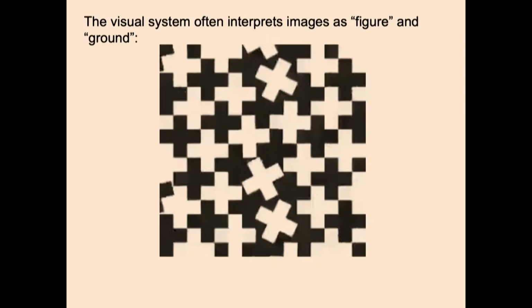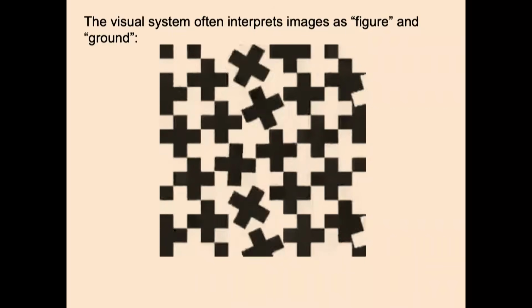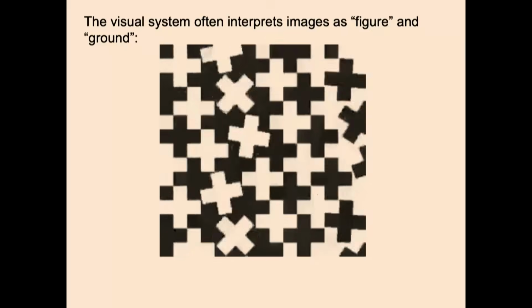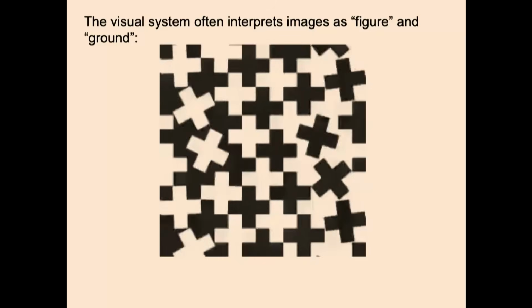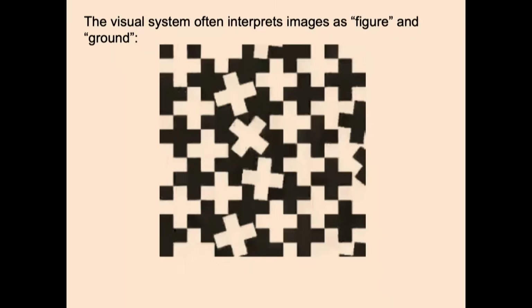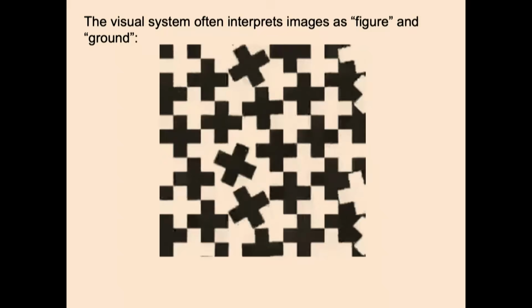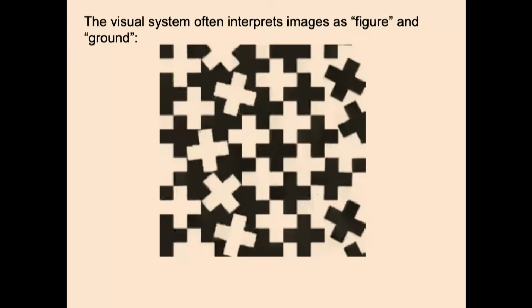And what is happening here is that these little crosses, for brief periods of time, move, and that causes them to look like objects and like figure, okay? And then they become static, and something else moves, right? And so what's figure and what's ground is kind of changing from moment to moment, right? But you'll initially see these white crosses and then see these black crosses, right?